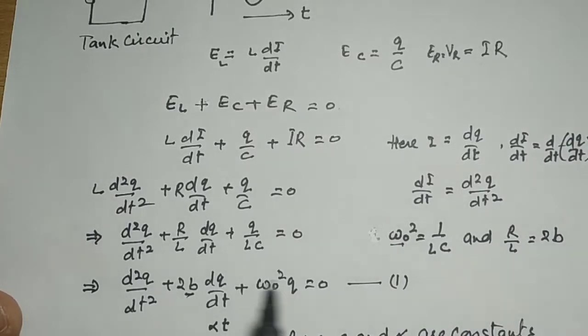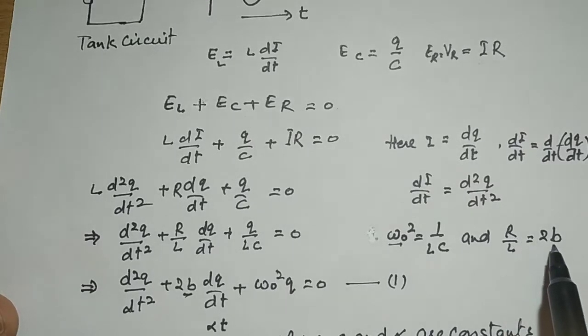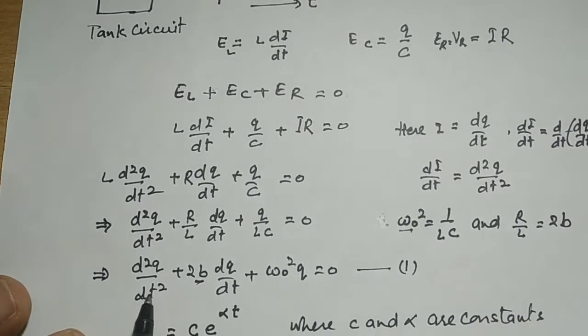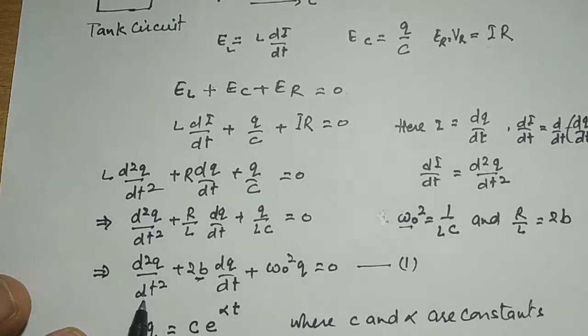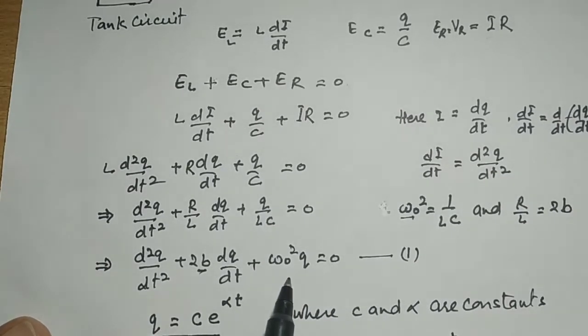And R over L is written as 2b. Here b is a constant which represents the damping, because resistance R is responsible for the loss of current in the circuit. Therefore, b represents the damping in the circuit. The result is the equation d2q by dt square plus 2b dq by dt plus omega naught square q equal to 0. We take this equation as equation 1, and it is called the differential equation of the damped harmonic electric oscillator.